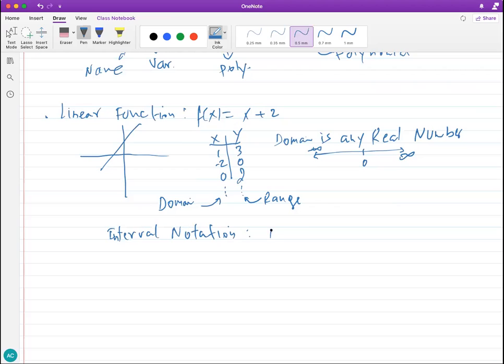We say domain, that's the name of the set, then colon, and we say from negative infinity all the way to positive infinity. Last time we used curly braces, but today for interval notation, we don't use curly braces. Instead, we use either parentheses or brackets. For infinities, we always use parentheses around them. And brackets, we're going to see where or when we need to use in the next few problems.